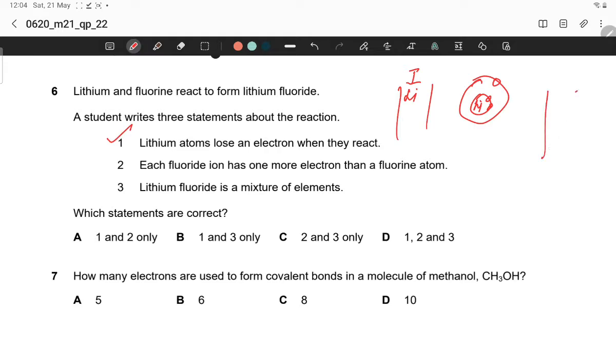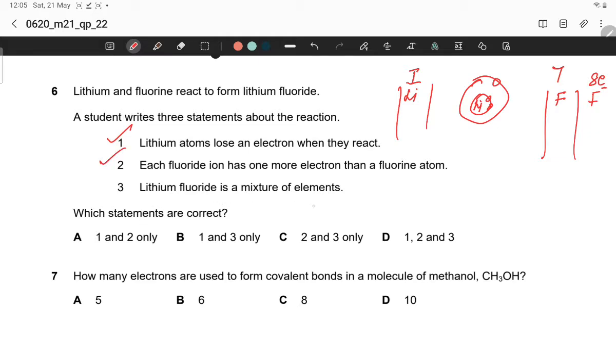Fluorine is present in group 7 and has 7 electrons in the valence shell. This is the fluorine atom with 7 electrons, and the fluoride ion is -1, so it gains 1 electron and has 8 electrons. So this is also correct.